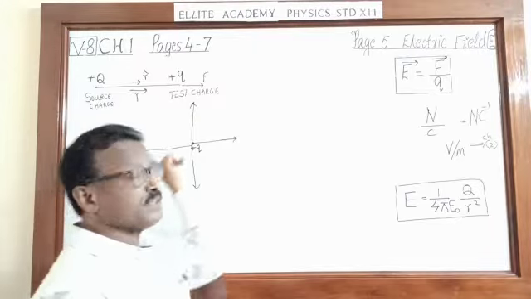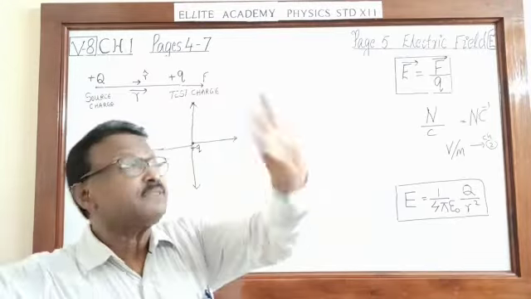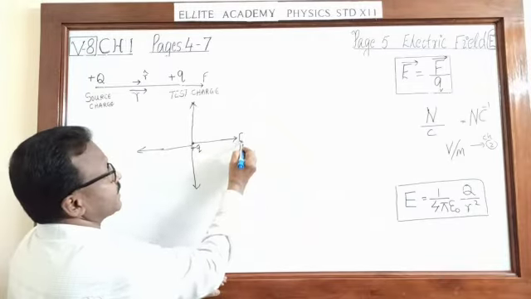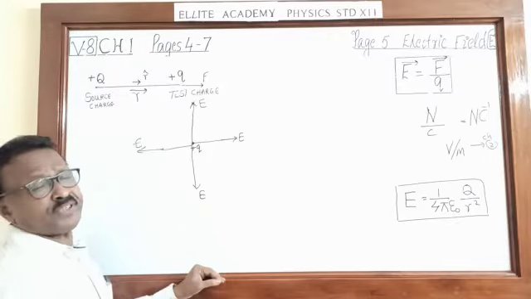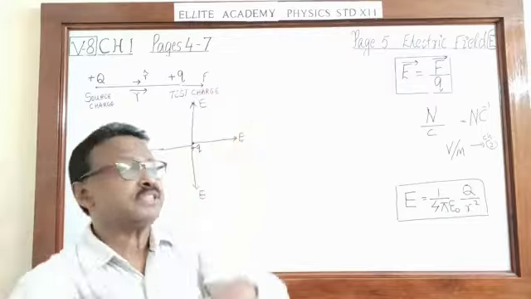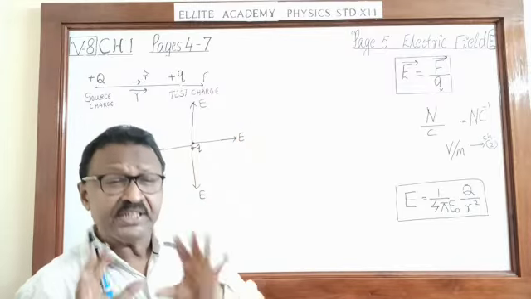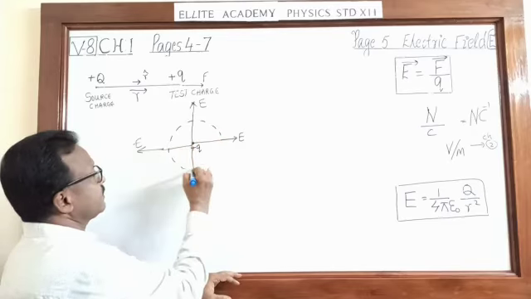What about all these directions? They are the directions in which the positive test charge is repelled away. So I can say the direction of E is here, here, here, and here. So for a positive charge, the electric field is away from the charge. It is not towards, it is away, because of repulsion. With this as the center, let me draw a circle.